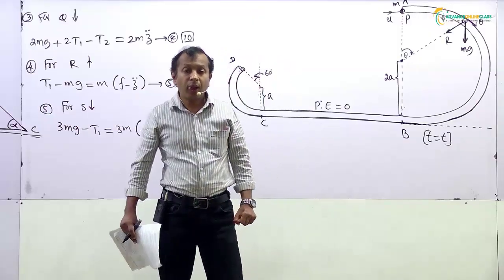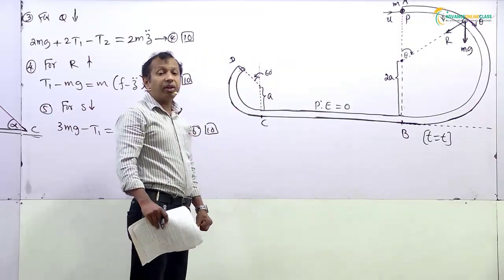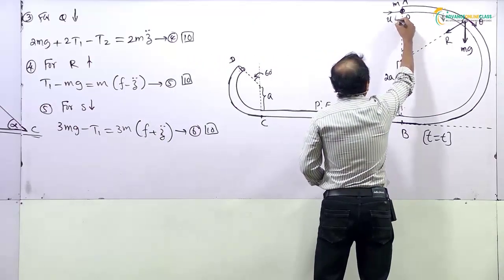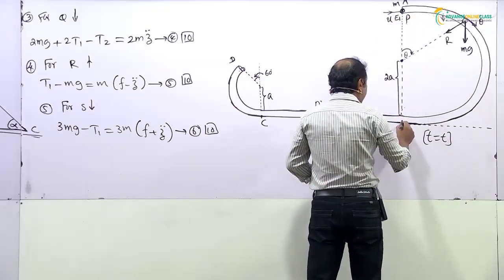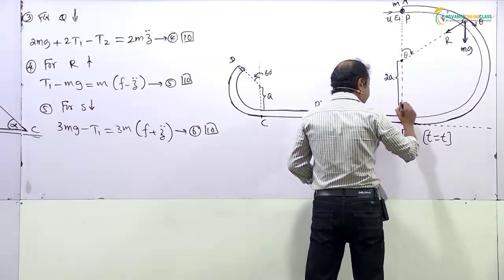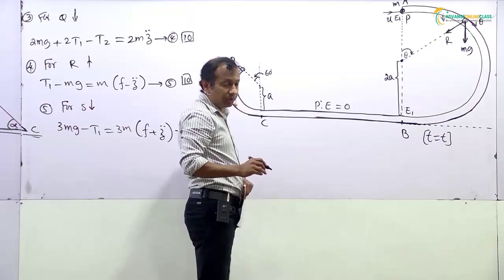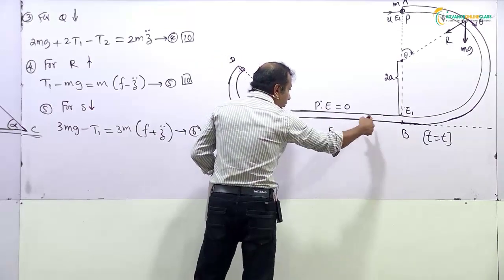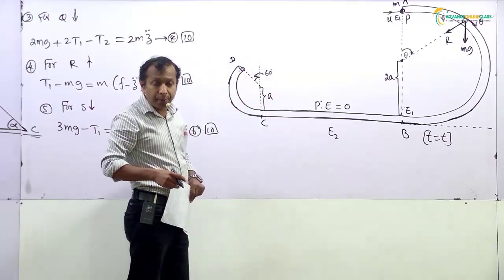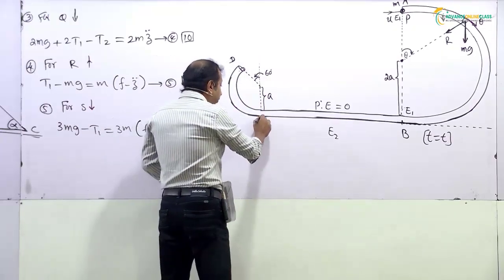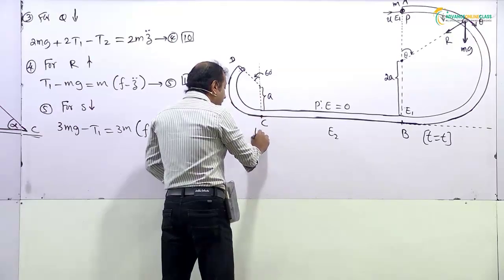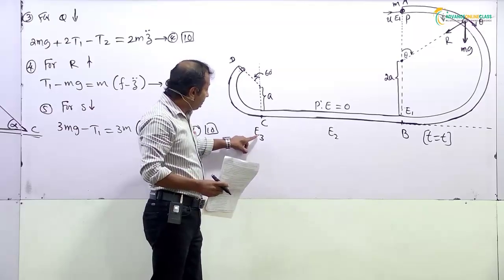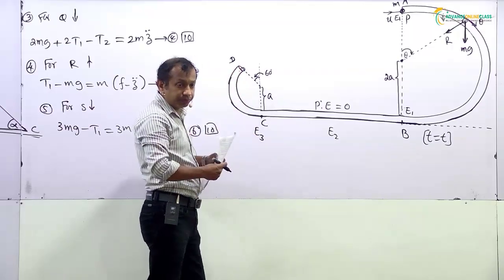So therefore, how to do this? We can now write. You can see the same energy. If I take it as E1 here, it has E1 here. If I take the lost energy from B to C as E2, right? And if I take, once it comes here, E3, right? The same energy E3, it will have here.